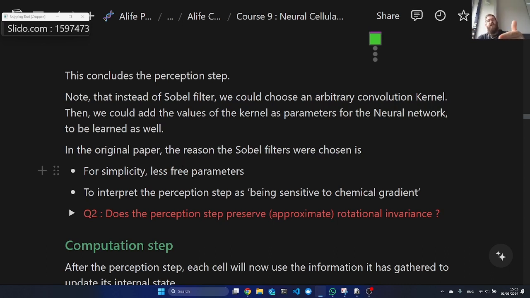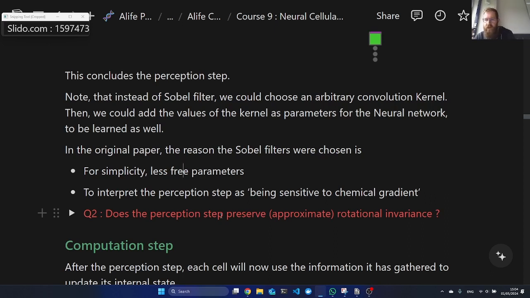And so using the Sobel filters was a way to emulate the fact that the cells should be sensitive only to the chemical gradients, but not to the chemical concentration directly. It makes things a bit simpler in our model, and so we'll keep that.